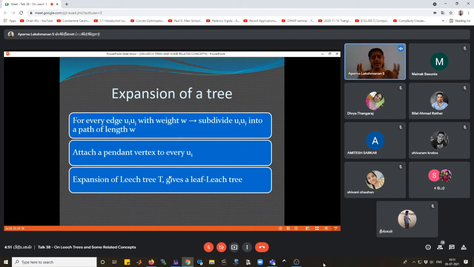If you are given a leech tree, I can always obtain a leaf-leech tree from that leech tree by replacing an edge of weight W with a path. Instead of the weight W, I am placing W minus 2 vertices in between, so that the distance between these two vertices becomes equal to W. So like that, you can always create a leaf-leech tree from a leech tree.